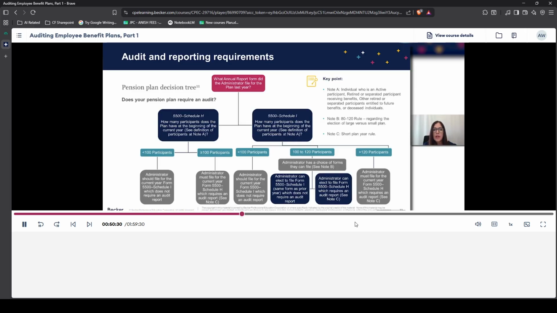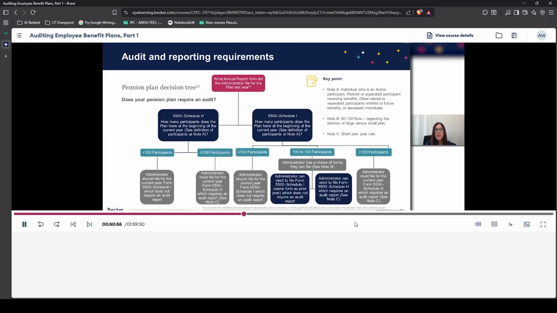If it's fewer than 100, then they continue to file as a small plan. If it's between 100 and 120, then they have a choice to file as a small, or they can file as a large and have the audit performed. If they have more than 120, then they don't have a choice. They have to file as a large and have the audit performed.